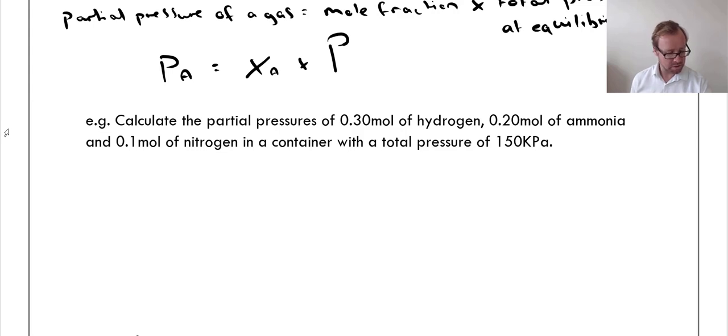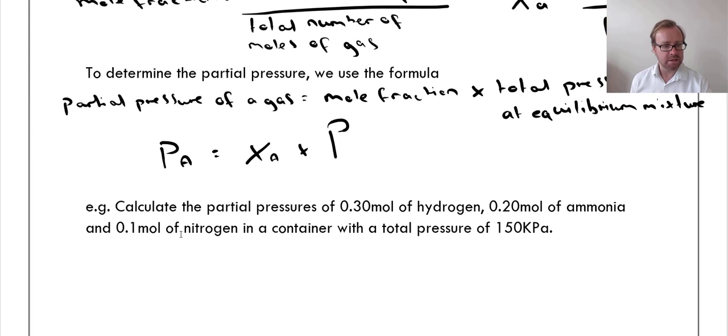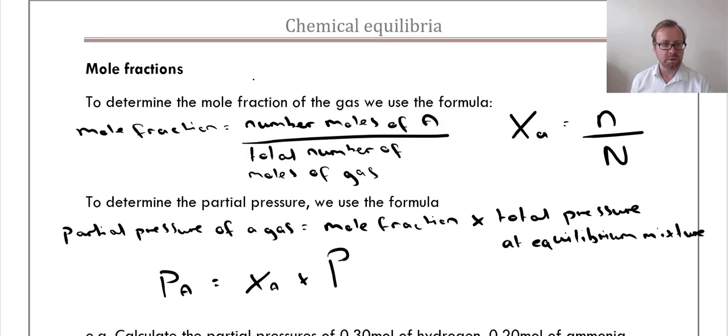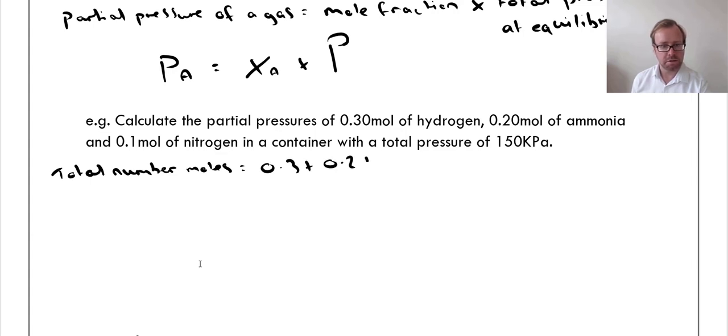The first thing I need to do is work out my mole fractions, using the formula up here: number of moles of A divided by the total number of moles of gas. So my total number of moles, let's do that first, is equal to 0.3 plus 0.2 plus 0.1, which gives me a value of 0.6.